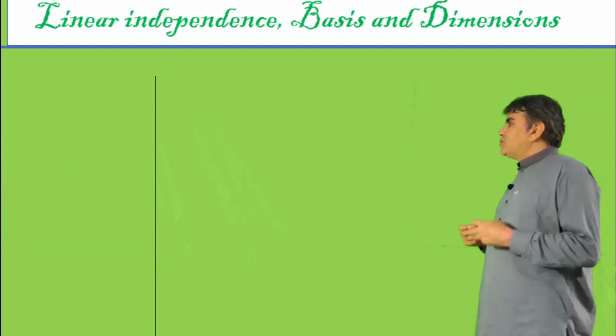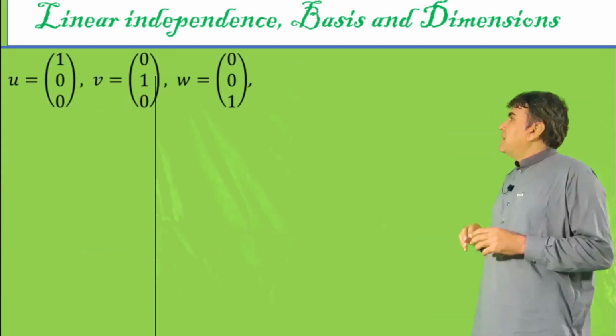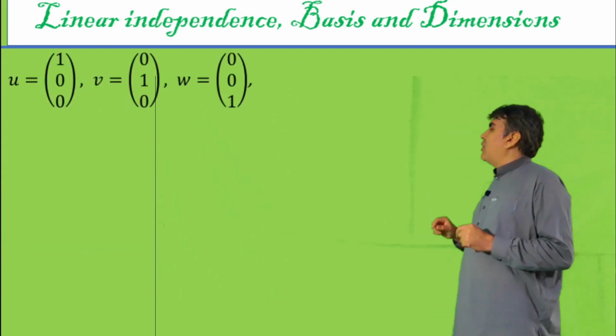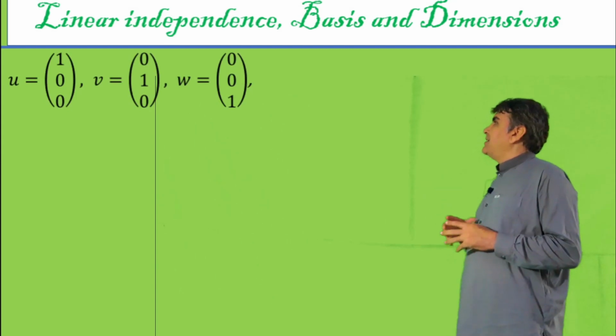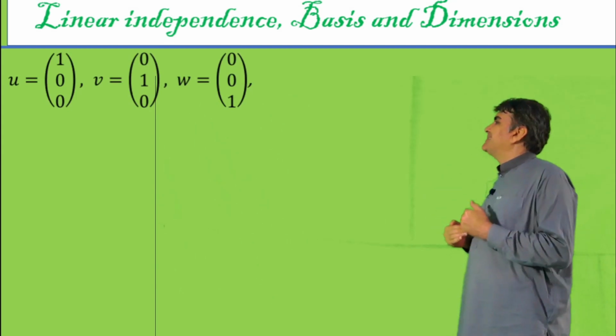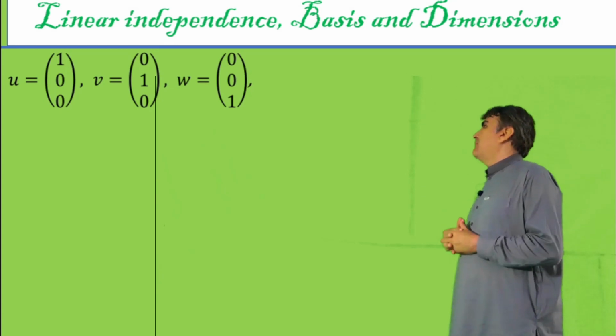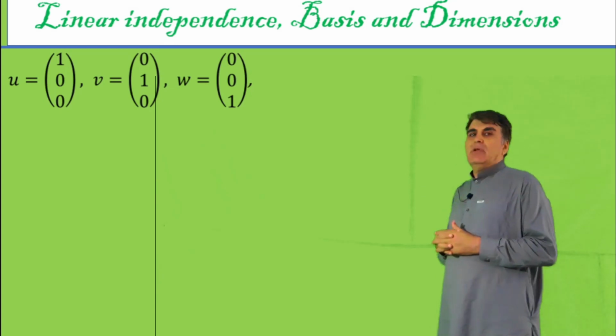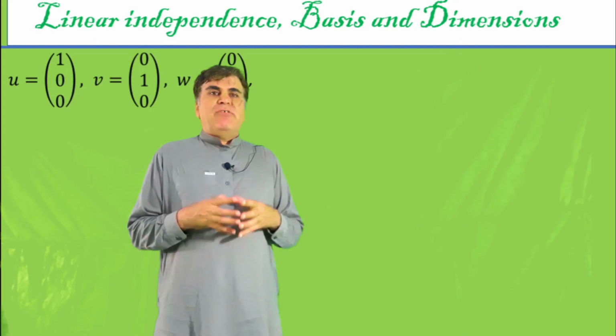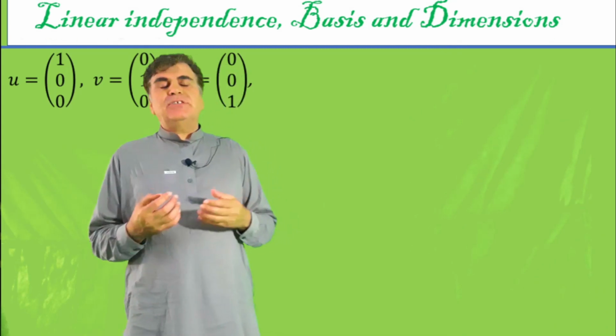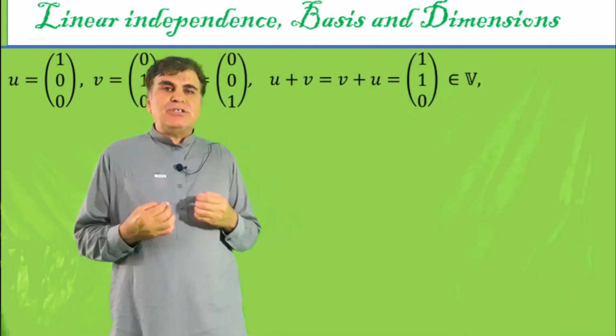In order to pursue this concept a little more, let me consider the following three column matrices U, V and W, where each matrix is a 3-row column matrix. One can easily verify that these matrices obey the addition and multiplication operations.